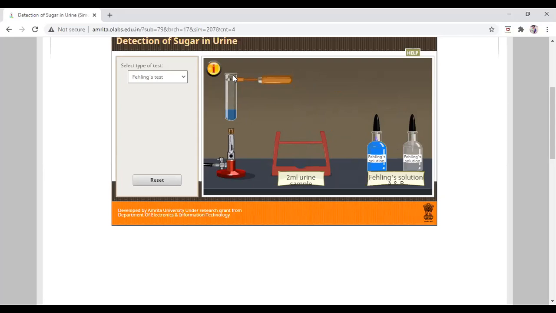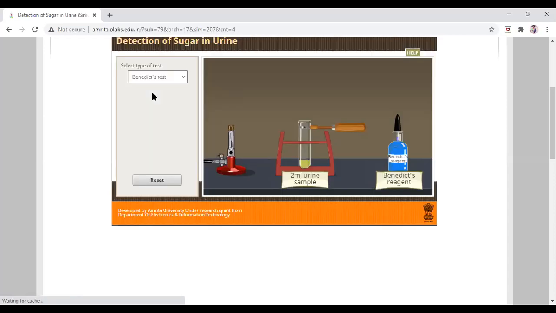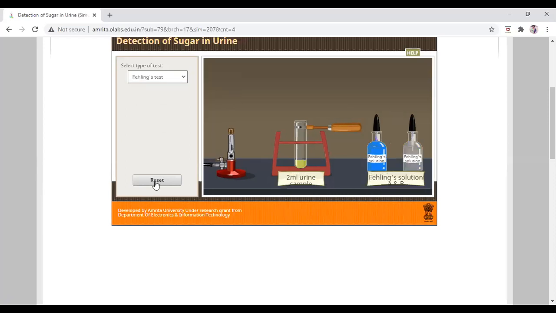No color change is shown here. That means the absence of sugar in the urine. The Benedict test is positive, so the Felling test should also come positive. Then why is it not coming?